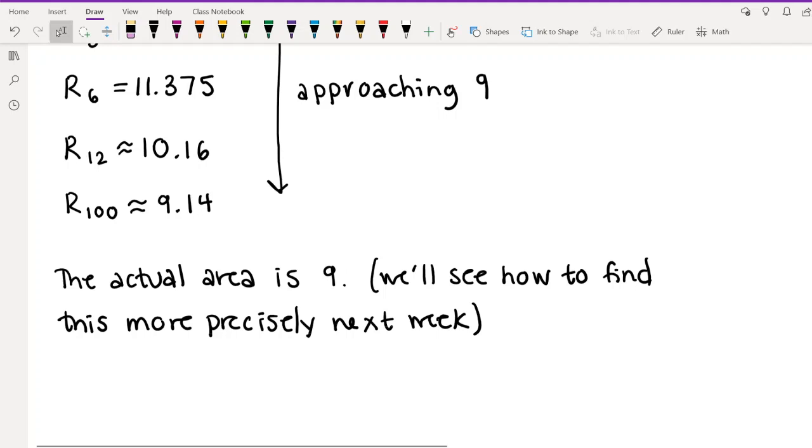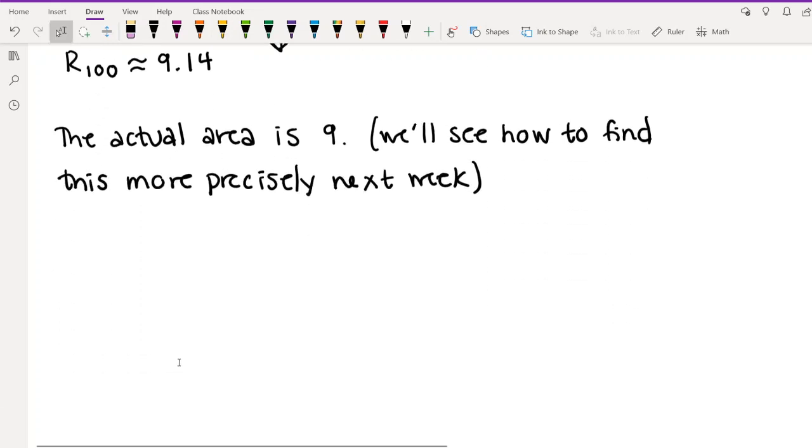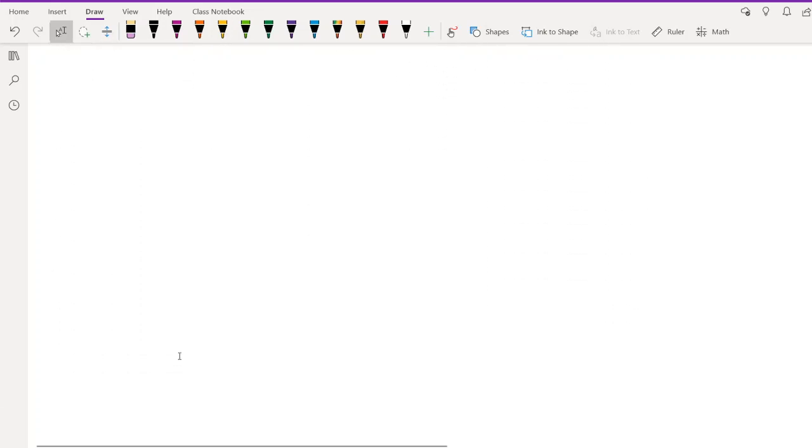But for now, what I want you to understand is, first of all, how to find these areas by adding up areas of rectangles. And then the really big idea is that as you increase the number of rectangles, your area gets to be a better approximation, because it can more closely follow the curve of your actual graph. This is an idea that we'll be coming back to a lot in the rest of this week.